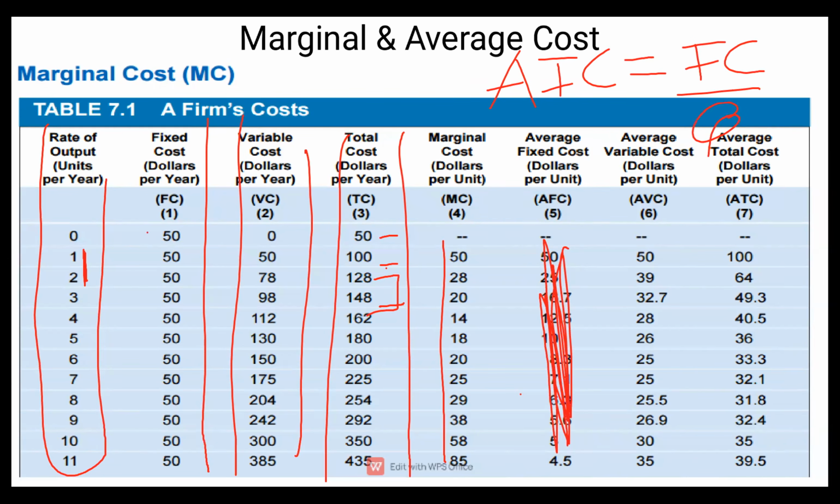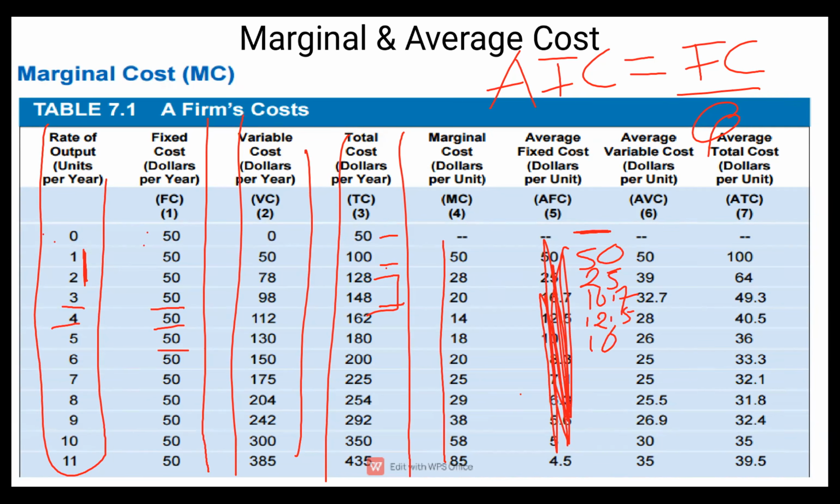The first one is 50 divided by 0. The output is 0. That's why you have 0 here, right? Then the next one, 50 divided by 1 is 50. The next one is 50 divided by 2, which is 25. 50 divided by 3 gives us something like 16.7. Then 50 divided by 4 is 12.5. 50 divided by 5 is 10.